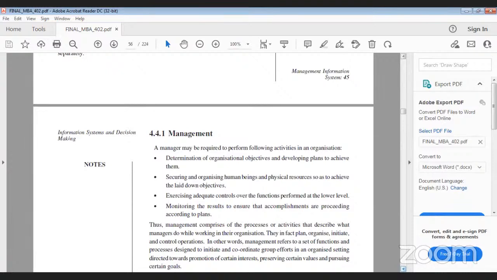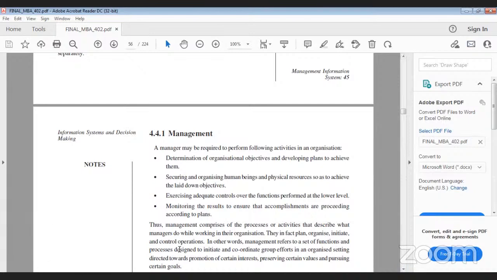Next is management. A manager may be required to perform the following activities in an organization: determination of organizational objectives and developing plans to achieve them; arranging and organizing human beings and physical resources so as to achieve the laid down objectives; exercising controls over the functions performed at the lower level, monitoring the results to ensure that accomplishments are proceeding according to plans.